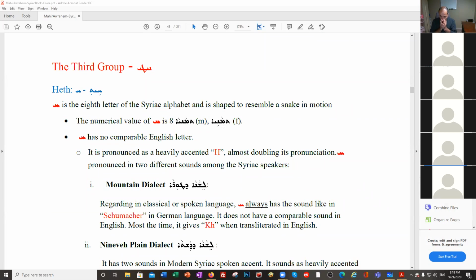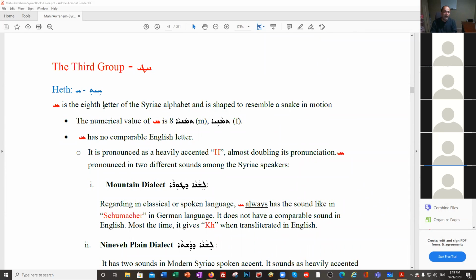Okay. The third group is made of three letters, and the name of the group is Hattai. The first letter of Hattai is Hath. I don't have anything in English for Hath. Hath's numeric value is 8. By the way, it looks like a snake.